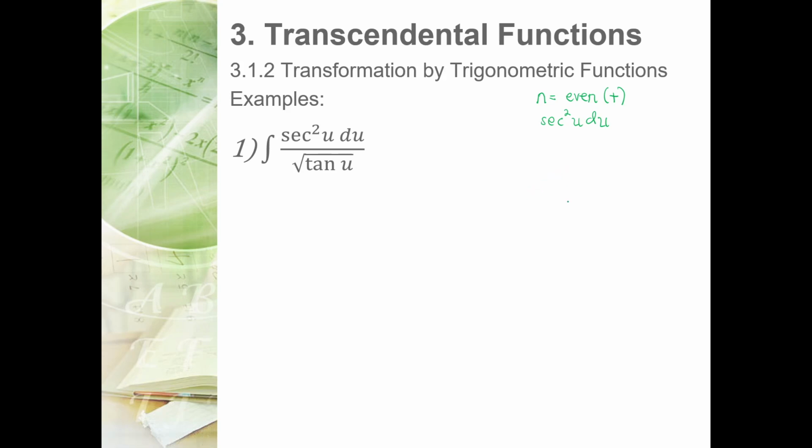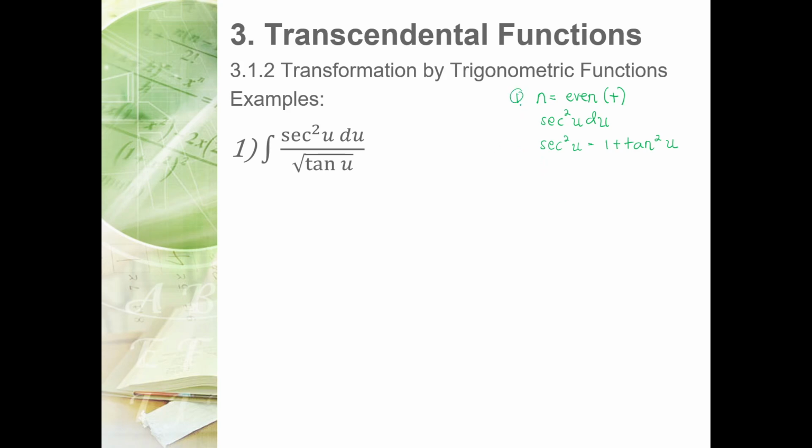And the next is we replace or we substitute your secant squared u with 1 plus tangent squared u. Okay, then next is of course you integrate na.